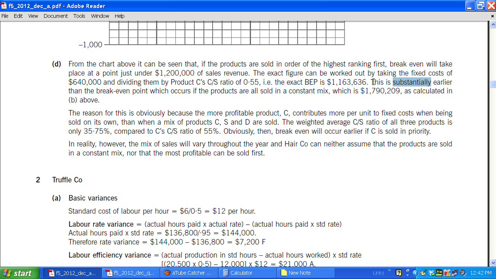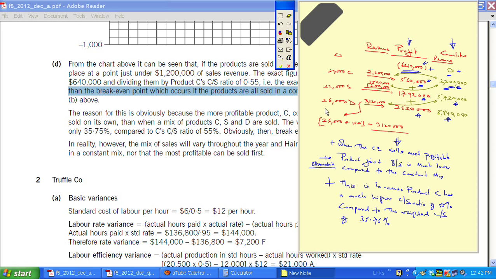So the key point is this statement here: this is substantially earlier than the break-even point which occurs if the products are sold in a constant mix, which is the statement we've made here. When the company sells the most profitable product first, break-even is much lower compared to the constant mix. So we've made a very simple statement, and it captures what the examiner is looking at.